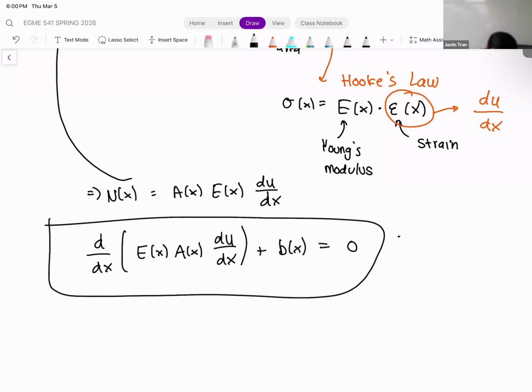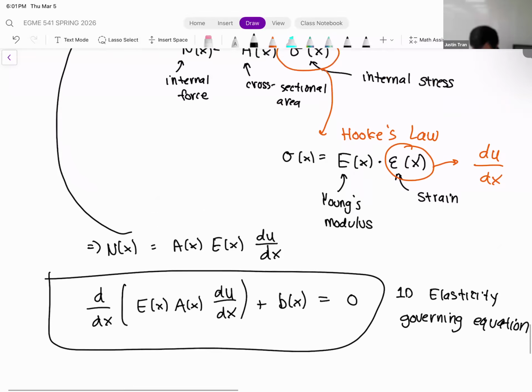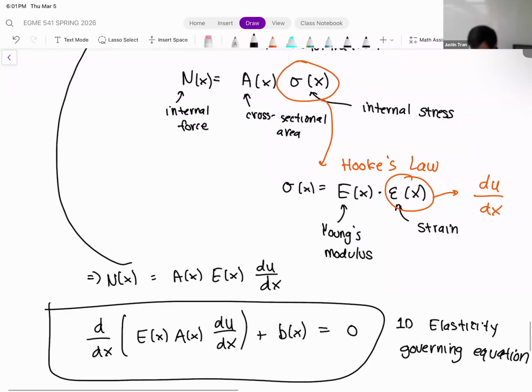So this right here is our 1D elasticity governing equation. All right. Any questions on how we got that result there?